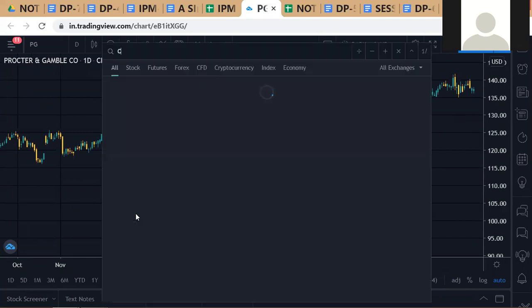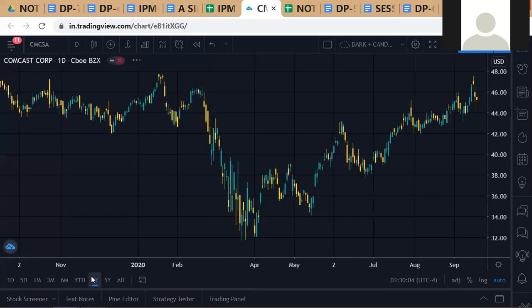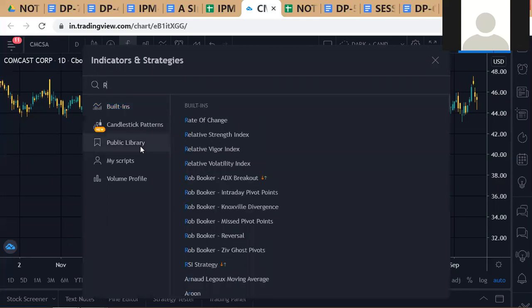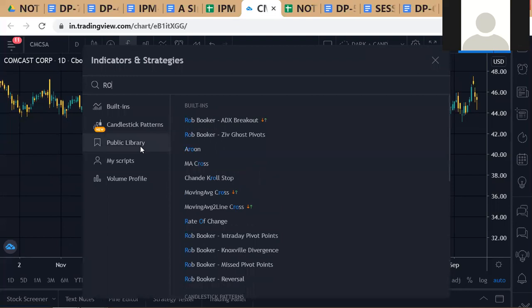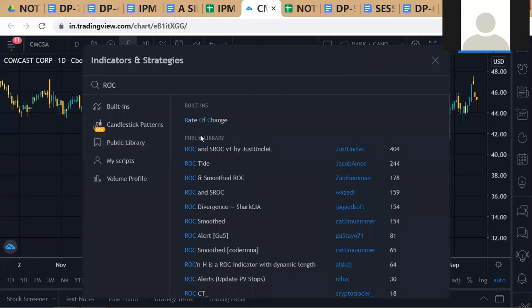Comcast. Okay, CMCSA. Okay, so let's do 1 year. I was looking at a much smaller time frame of 5 days or maybe 1 month. This is the rate of change of price.